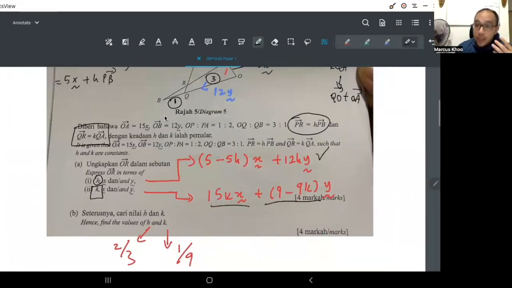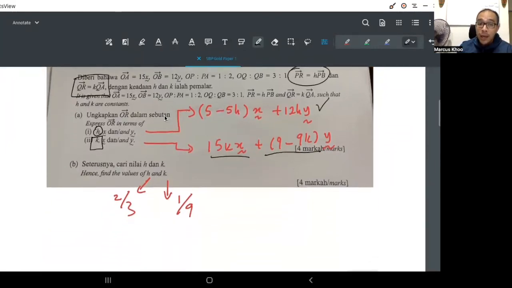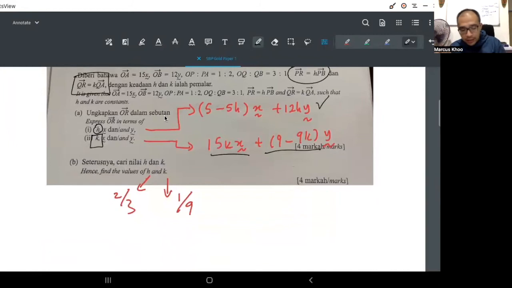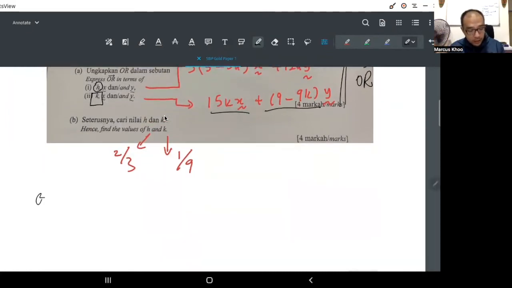Then only do you find the values of h and k. How do you find them? You compare, because both of these vectors are OR. That means the x vectors are the same and the y vectors are the same. So you compare the vectors.